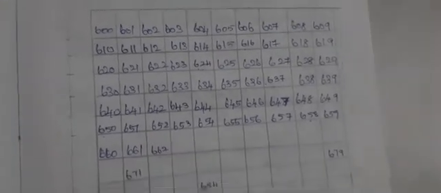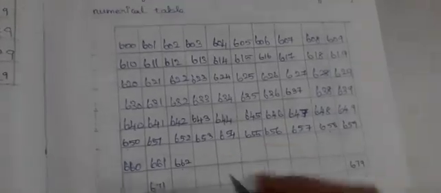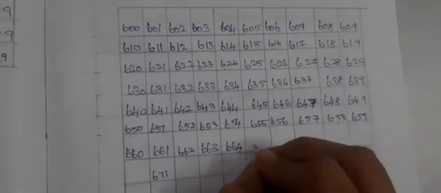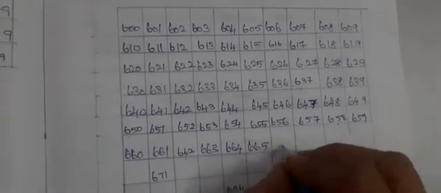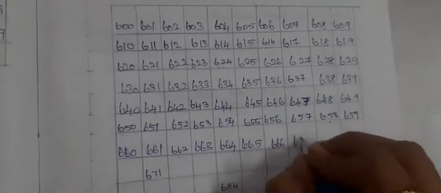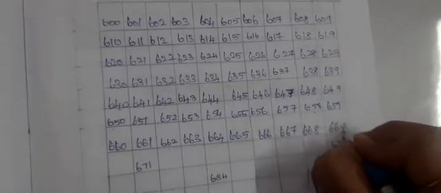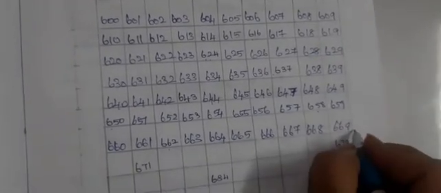The next number of 662 is 663, 664, 665, 666, 667, 668, 669. Then the next number of 669 is 670. After 670, they have given 671. So what is the next number of 671?